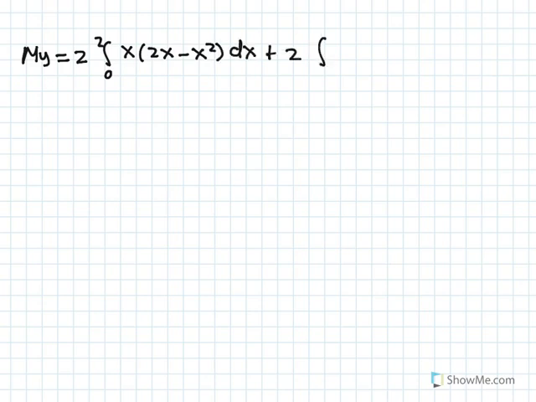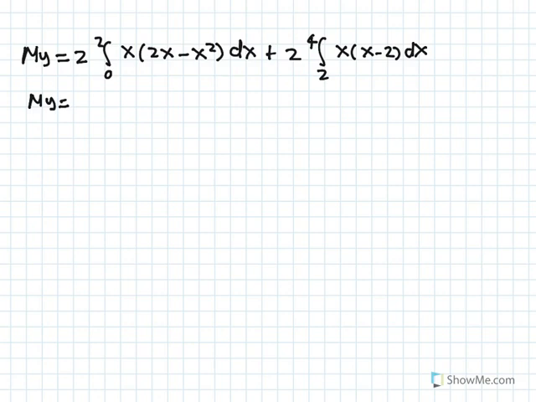All right, so the moment with respect to the y-axis is equal to 2 times integral from 0 to 2, x times 2x minus x squared dx, plus 2 times integral from 2 to 4, x times x minus 2 dx. Let's simplify the integrand before we do the integration.